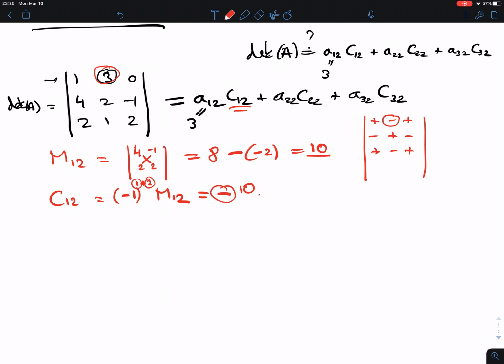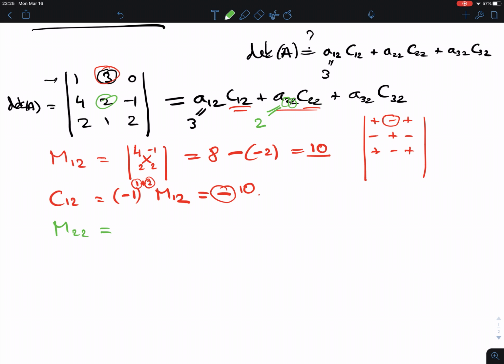Okay, let's check how this works with this guy here. Well, A22, okay, what is A22? I'll do a different color. A22 now is in the second row, second column. So we're talking about this element. So A22 is equal to 2. And what is then M22?